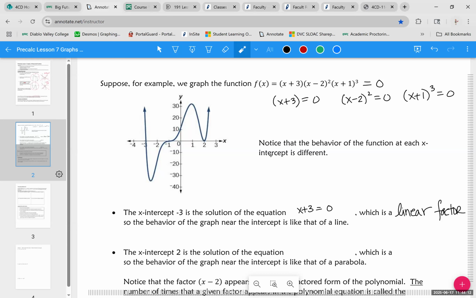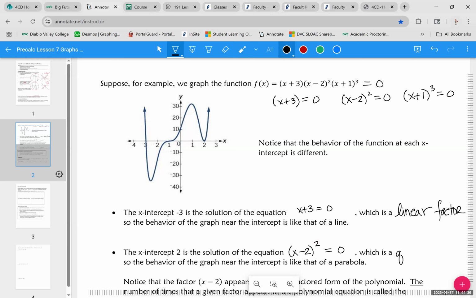So let's look at the next one. The x-intercept here at 2, that comes from the solution of which part of this equation? It's up here, the x minus 2 squared equals 0. That's not linear anymore, right? Because it's squared. What do we call things that are the highest power is 2?